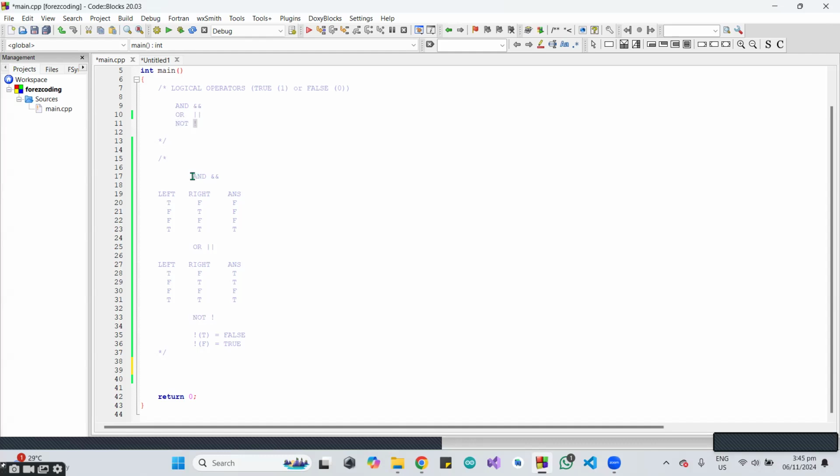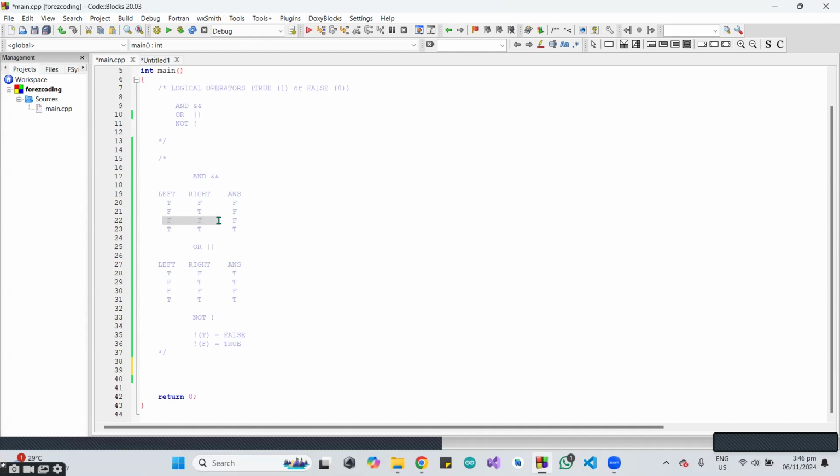In logical operators, there are rules for the AND, OR, and NOT operations. We have here the left and right operand and the final answer. In the AND operation, if the left operand is true and the right operand is false, therefore the final answer is false. If the left operand is false and the right operand is true, the final answer is false.